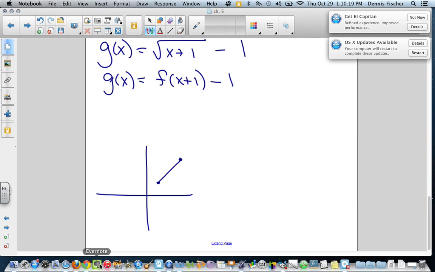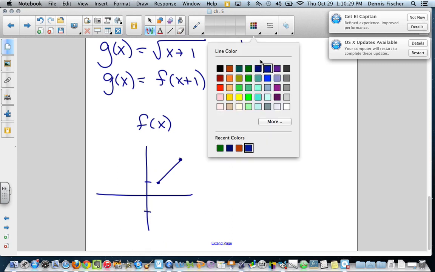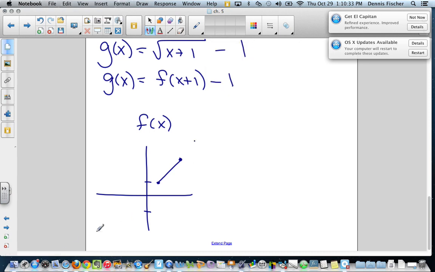Okay. So let's say this is my original function, and I'm saying this is at 1. There's my new function.